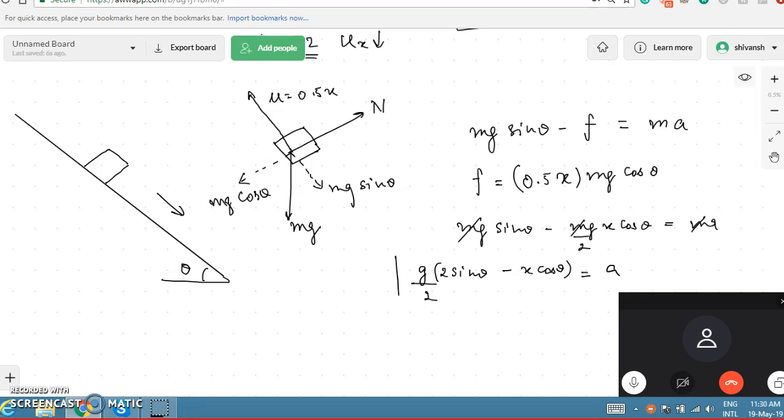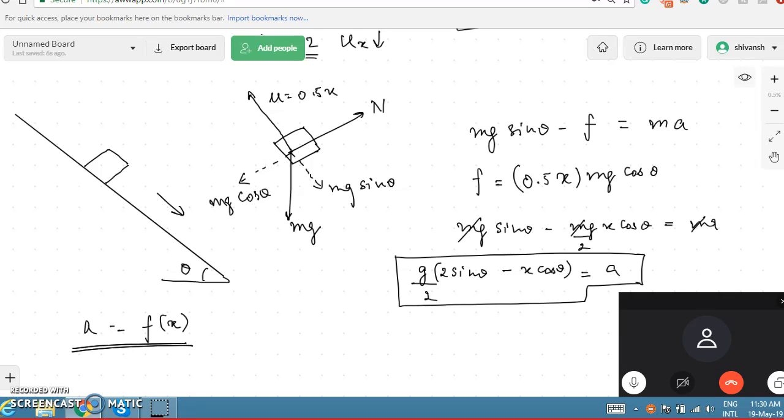Now you can see that you have acceleration as a function of displacement, right? Let's go back to our knowledge of kinematics, where acceleration used to be v dv by dx. Correct?